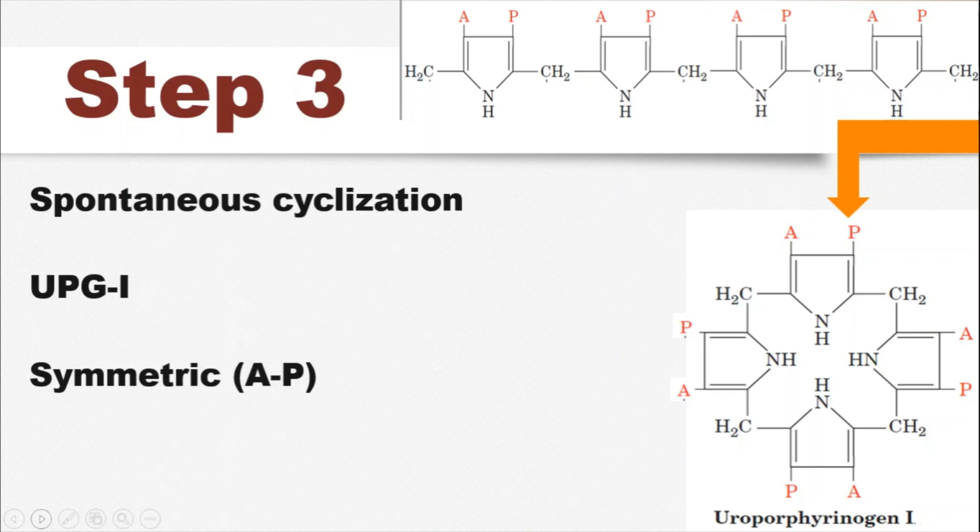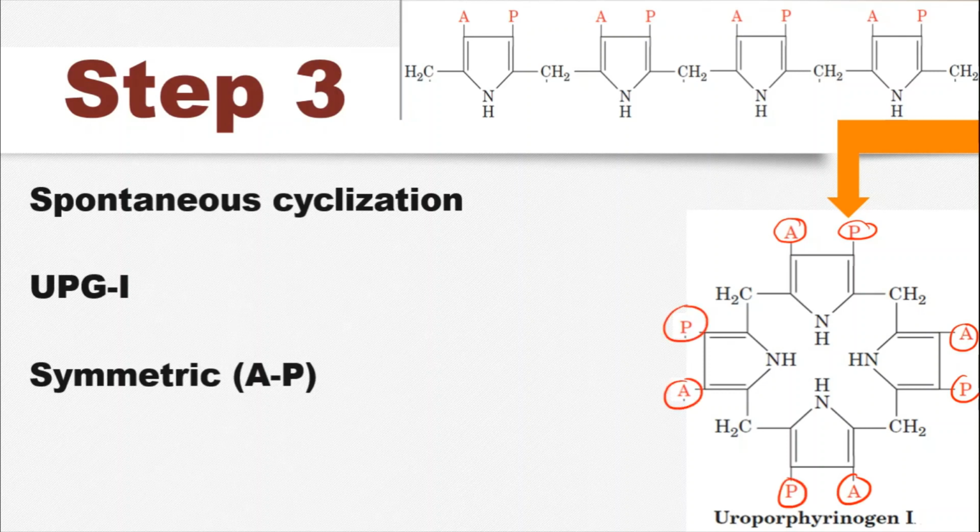Look at this very carefully, here there are 4 tetrapyrrole rings, and here the groups, this is acetyl group, this is propionyl group, acetyl propionyl, AP, AP, AP, then again AP.